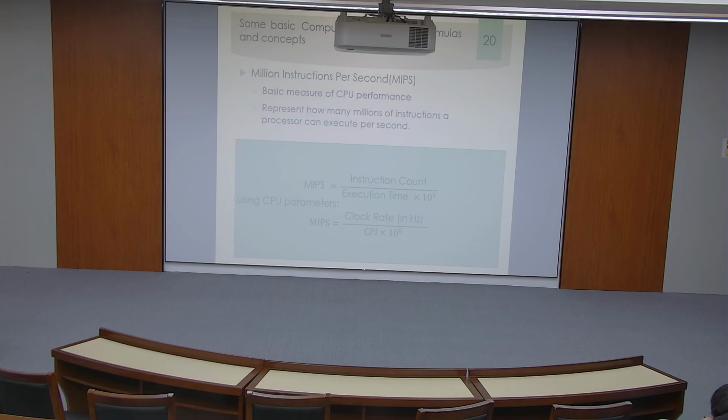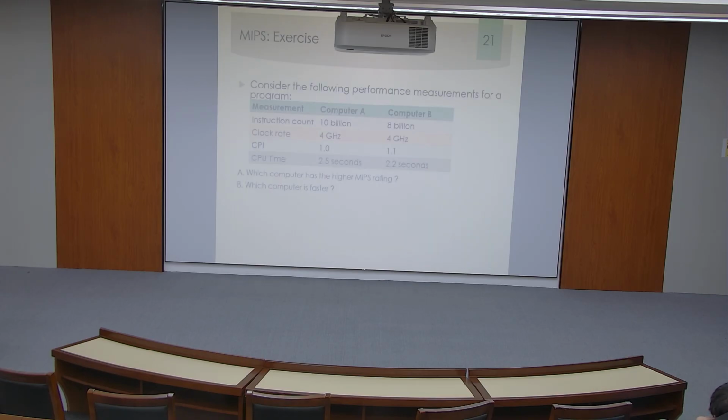Now, we have a good example of how we can calculate it. We consider the following performance measurements for a program, for computer A and computer B. We want to know which computer has the higher MIPS rating and which computer is faster.